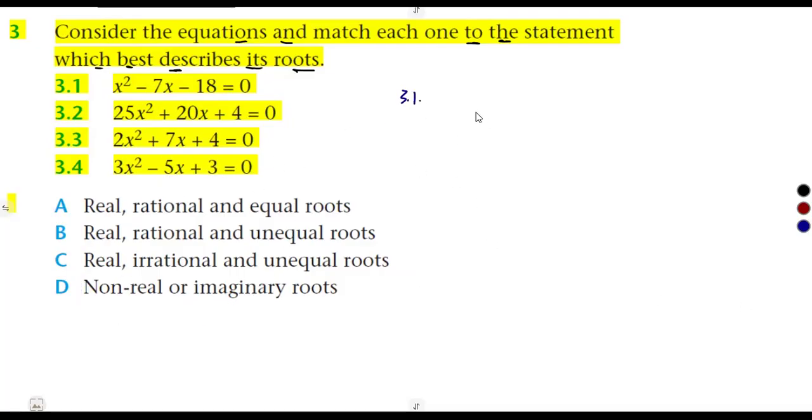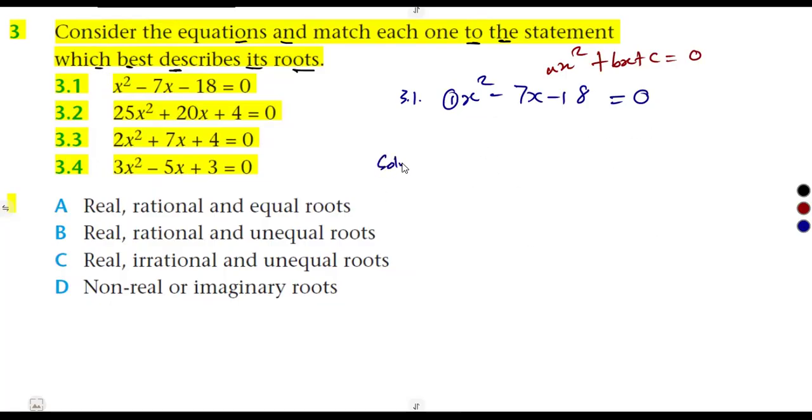All right. The first question we're given: x squared minus 7x minus 18 is equal to 0. That's a quadratic equation. We already have the format ax squared plus bx plus c equal to 0. So what we just need is to determine the delta.